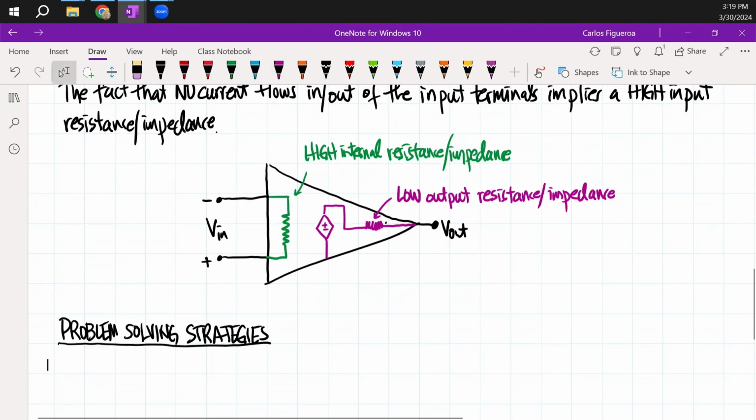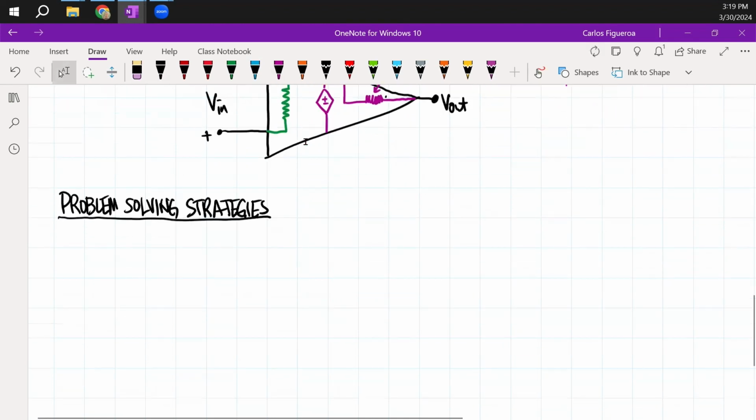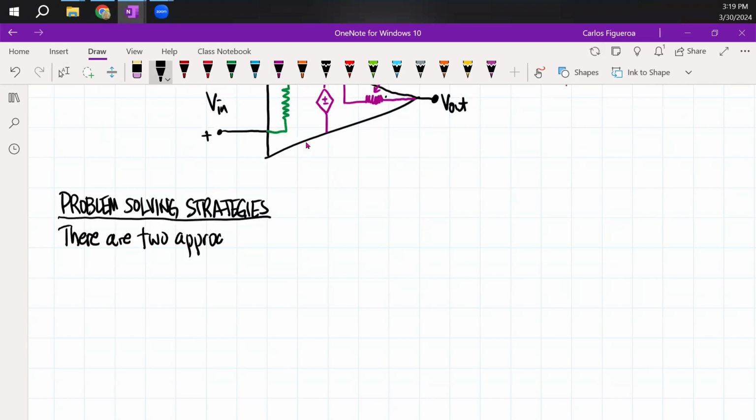What we should think about is that there are two approaches to solving op amp circuits, and of course, we have to use the ideal model. The first one is node analysis. The second one, I'm going to say, is simple circuits. So let's start with the node analysis.